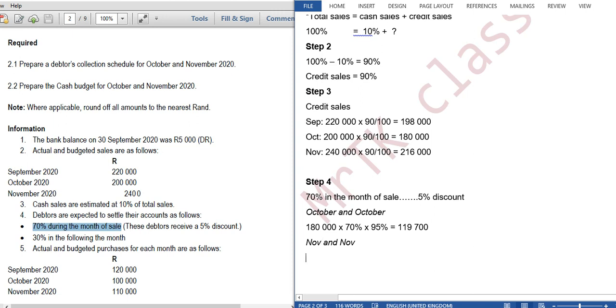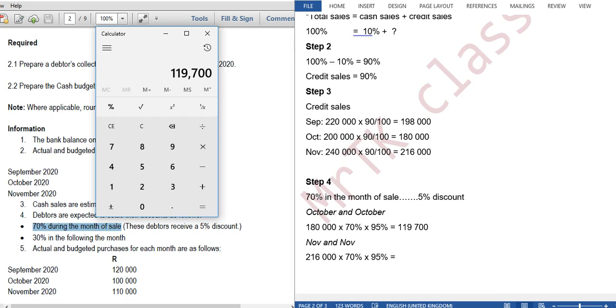We are going to look at this amount, the credit sales for November. Then you say 216,000. We are simply gonna do the same thing, multiply by 70% here, multiply by 95%, because they are going to receive a 5% discount. 95%. Okay, so what are we going to get?